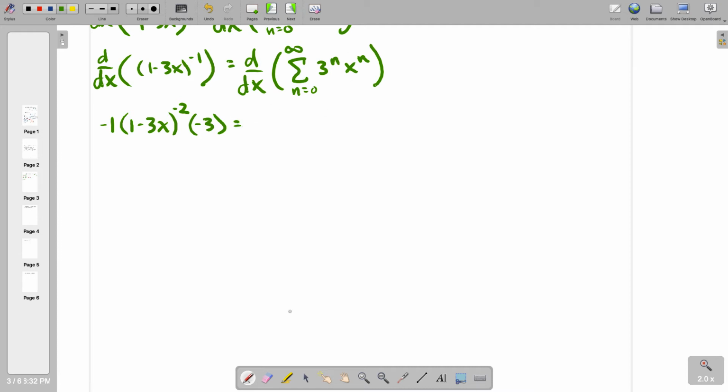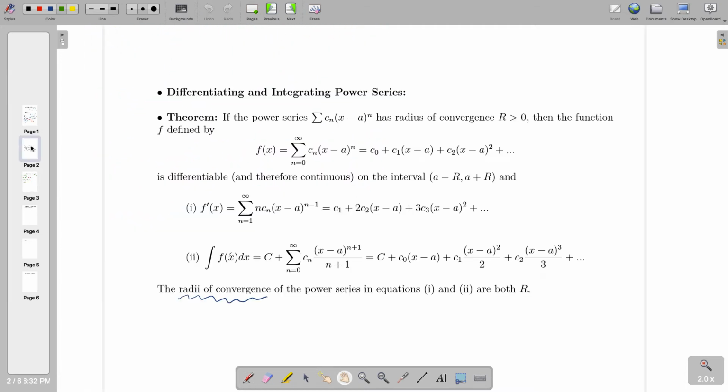Now, one of the things that is really important here, if we go back to our previous page, notice that we're starting off with a summation from n equals 0 to infinity, but then our derivative is just from 1 to infinity. That's an important step, and you can apply the derivative power rule just to the formula itself and write that down, and that's fine as long as you remember to change n to 1.